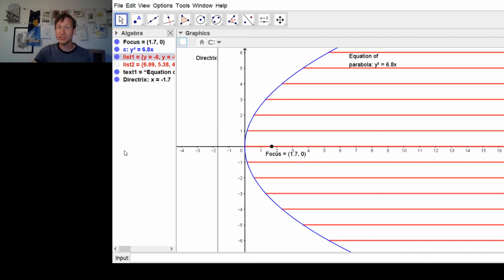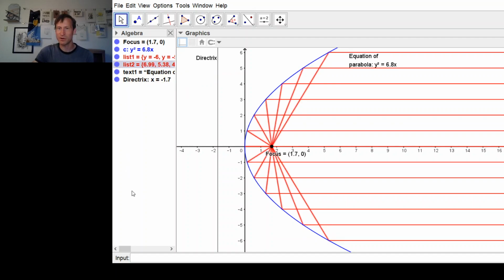So here are a bunch of incoming light rays, and if we draw how they all reflect, they all go to the focus, like that. And if you look at any single intersection point here, where one of these incoming rays reflects off of the parabola, you can see just by estimating it by eye that the incoming angle at this reflection is equal to the outgoing angle at this reflection. And the parabola is the special shape that makes all of these reflections go to the focus.